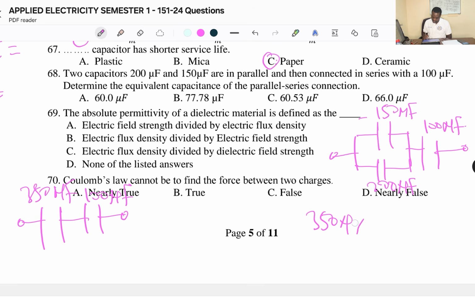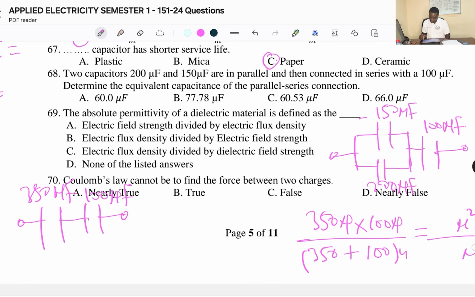So that equals 350 micro times 100 micro all over the sum, 350 micro plus 100 micro. You do the multiplication, all of it micro, so you have micro squared here.